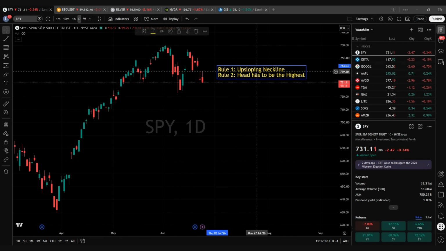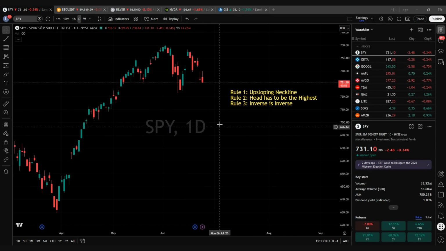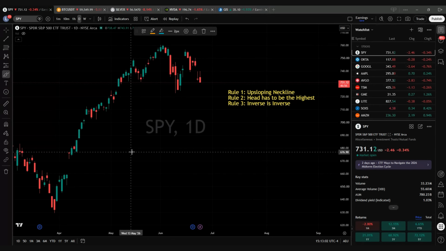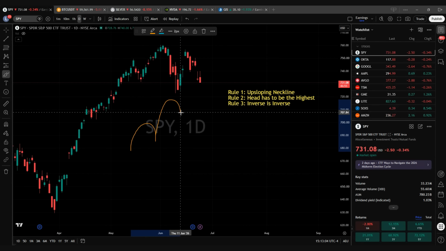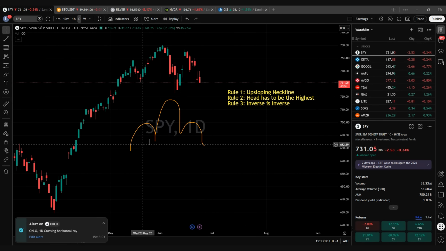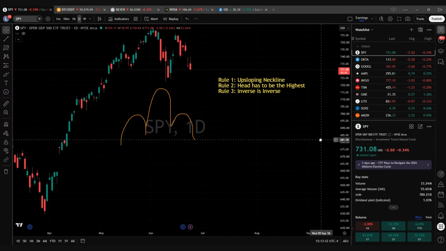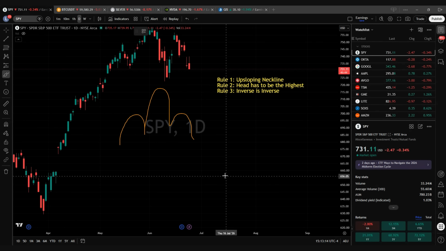And one more rule: the inverse is an inverse. So there's a regular head and shoulders pattern: shoulder, head, shoulder, right? Nice upsloping trend line here. But there's also an inverse head and shoulders. And what does that look like?